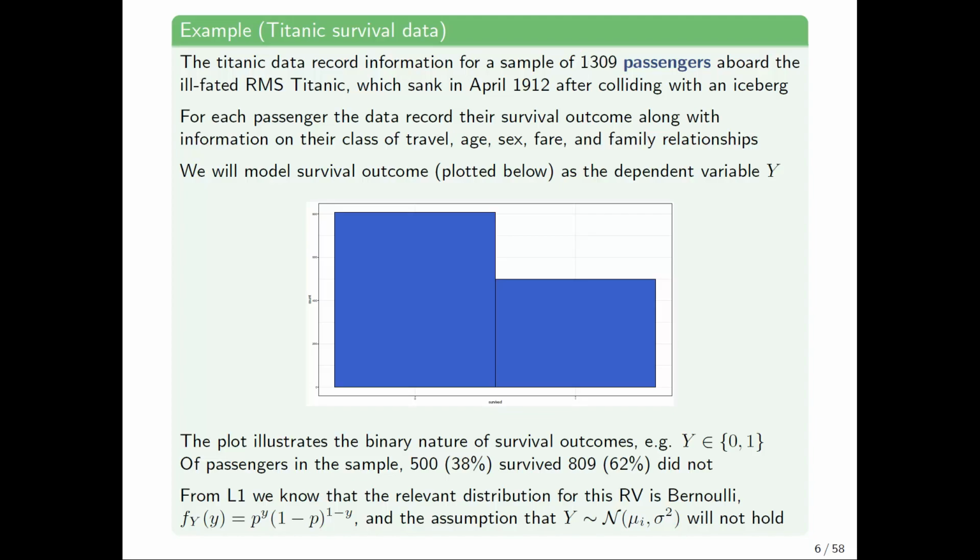Did they survive or did they not? So this is binary, along with their class of travel, their age, their sex, their fare, and some basic information on their family relationships. So we want to model survival outcome as the dependent variable, for example, to ask which characteristics were associated with a higher rate of survival.